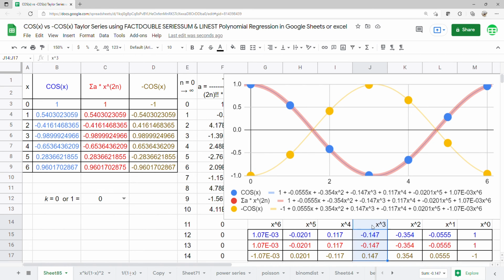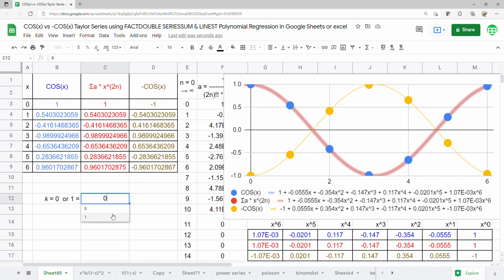X cubed, minus 0.147, positive 0.147. X to the fourth, 0.117, minus 0.117. X to the fifth, minus 0.0201, plus 0.0201. X to the sixth, 1.07 times 10 to the minus 3, negative 1.07 times 10 to the negative 3.